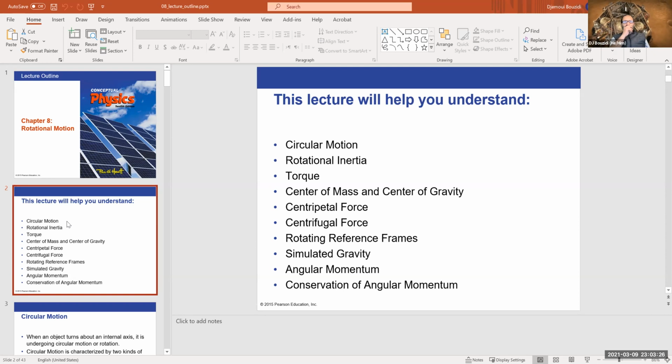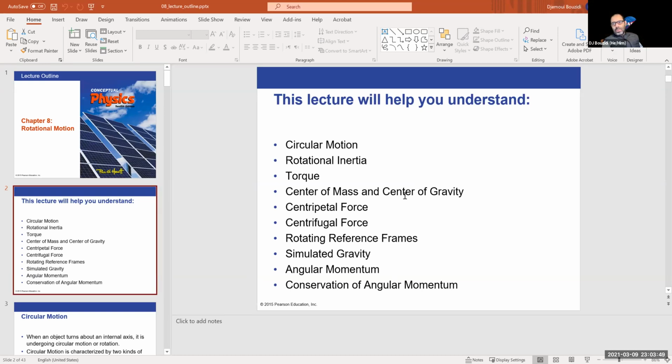If the object is moving, it becomes harder to stop it. That's the concept of inertia in general, but in this case it's related to motion in rotation around a certain axis, okay? So that is the key concept here.